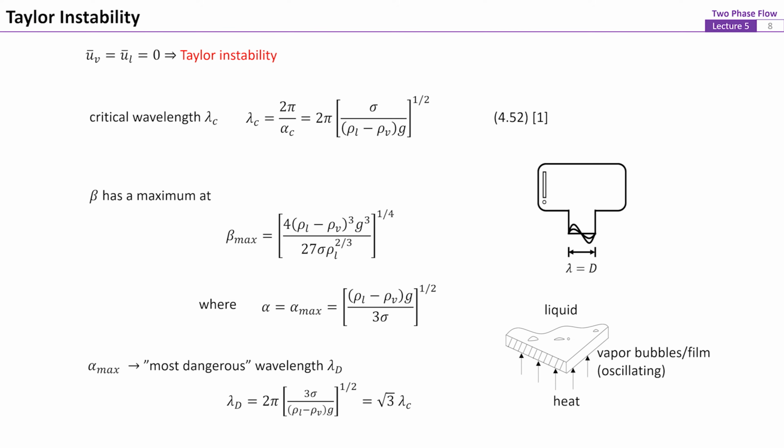The disturbance wavelength that corresponds to alpha max is called the most dangerous wavelength, lambda d, because it leads to the maximum possible real value of beta. Disturbances with wavelengths near lambda d are expected to dominate the early stages of the instability of interfaces.